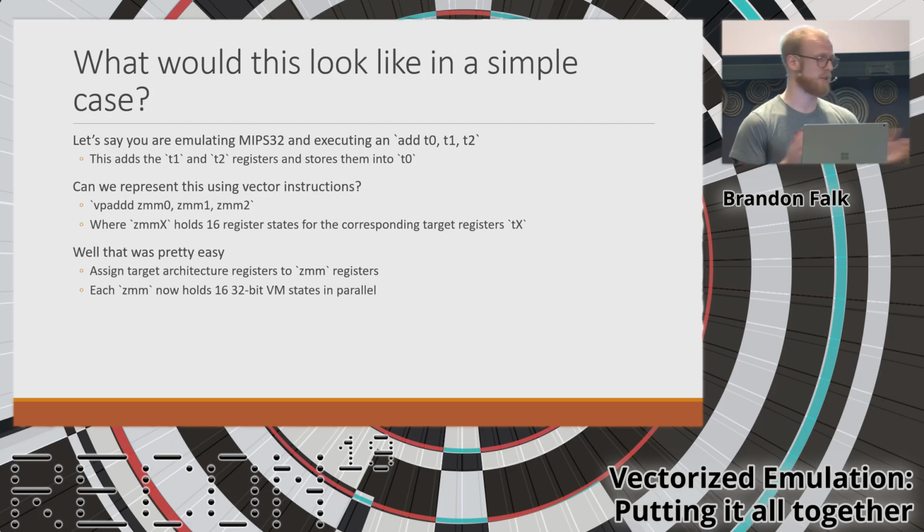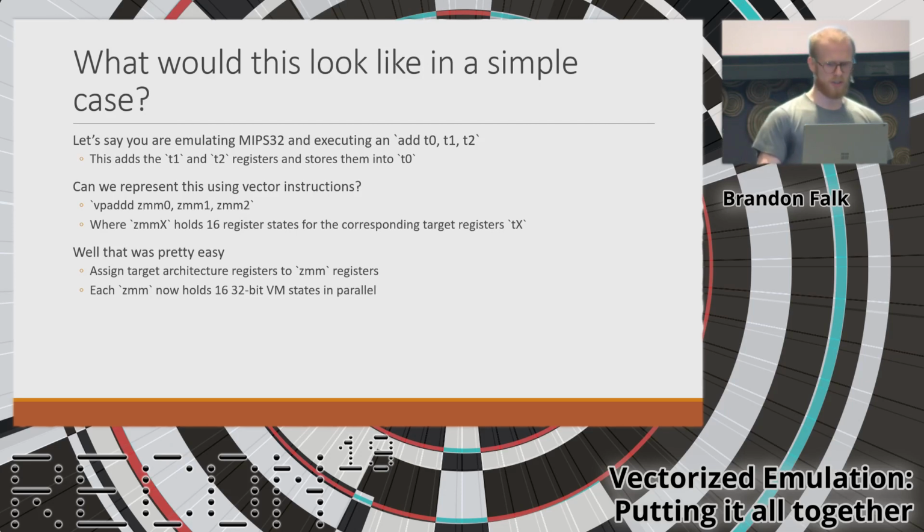And in this case, it's actually really easy. There's a one-to-one translation here. Since MIPS doesn't have flags, I'm able to directly emit a VPADDD and perform 16 adds for 16 separate 32-bit VMs in parallel in one instruction. And as long as those ZMMs line up with those T registers in MIPS, everything works out, and you can actually just do this.